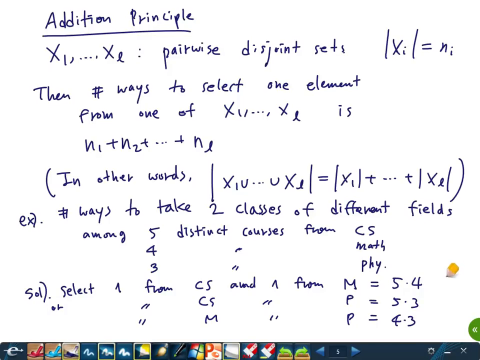So we can do either this or this or this. Okay? So the answer will be the sum of these. So it's kind of mixed. We use both the multiplication rule and the addition rule. The multiplication rule is used to compute this, and the addition rule was used to compute this.